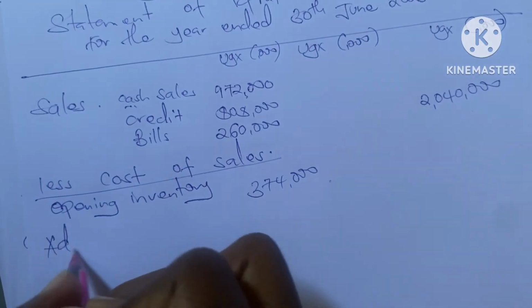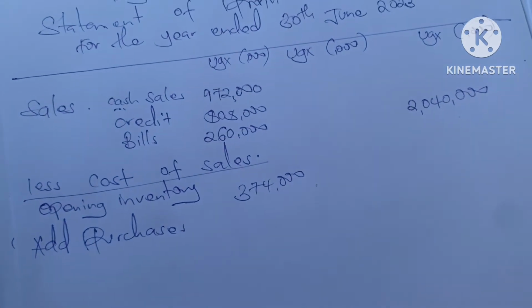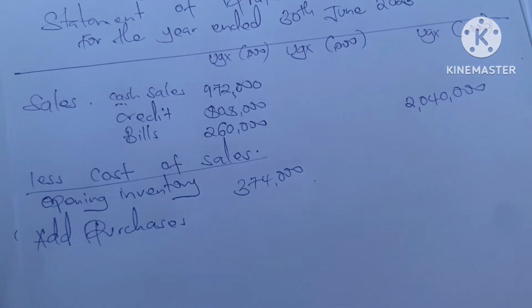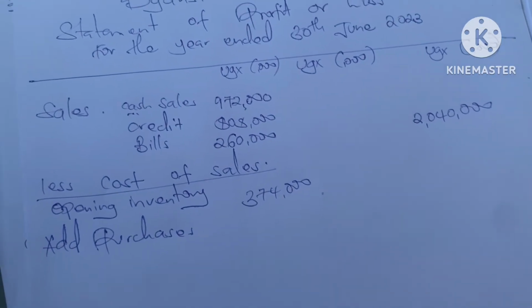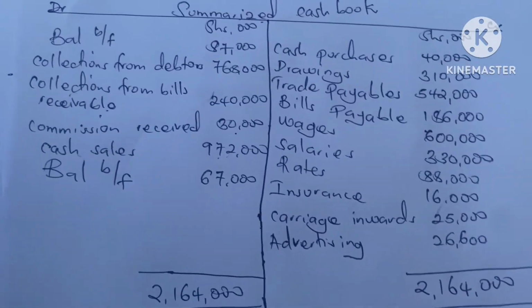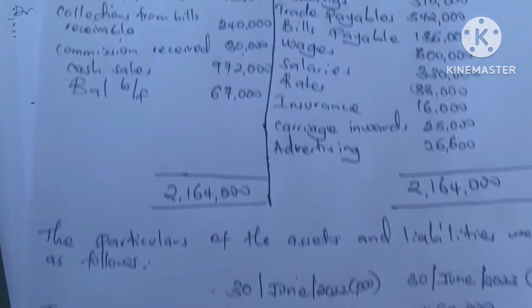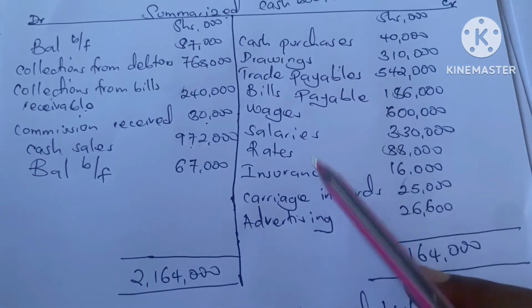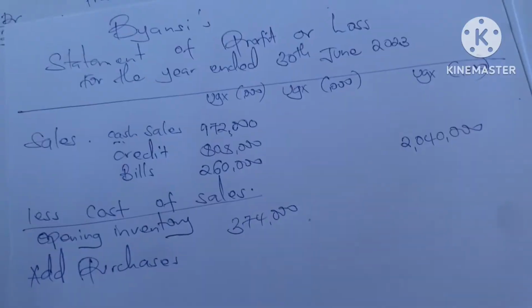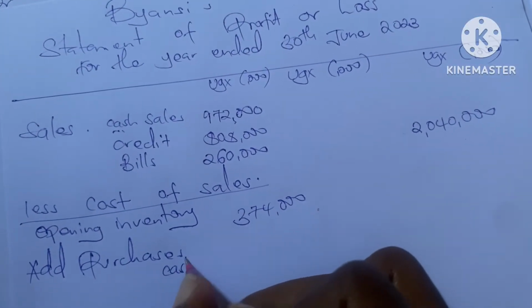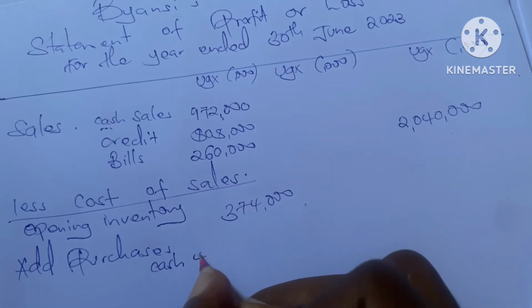Then we add purchases. We add the purchases. So purchases, we have cash purchases here, which is 40,000.